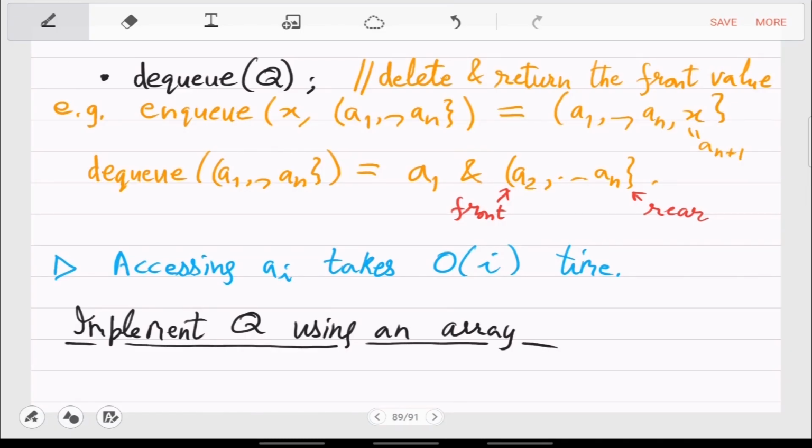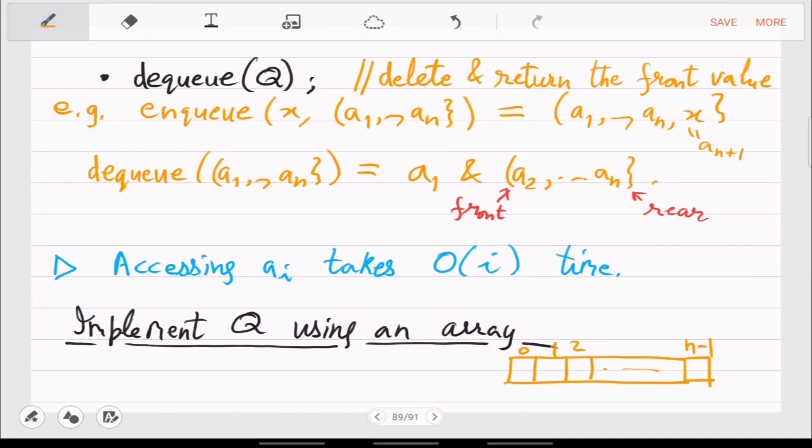I won't be able to give the details here, but in an array, the obvious thing is that the array is growing only in one direction. So this is your 0th element, first element, second element, dot dot. The last one is, let's say, the n minus 1th element, and you want to implement a queue here.